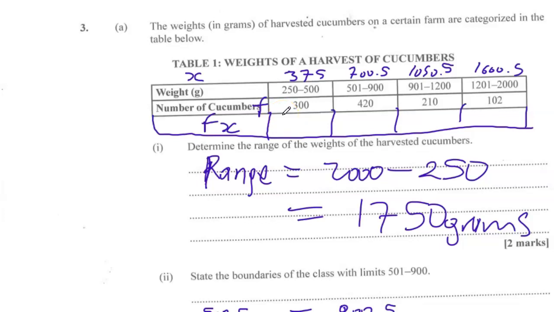So 300 times 375, that's 112,500. Next, 420 times 700.5. That's 294,210.